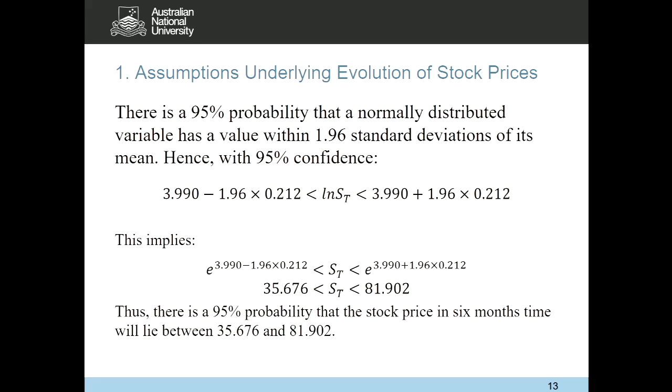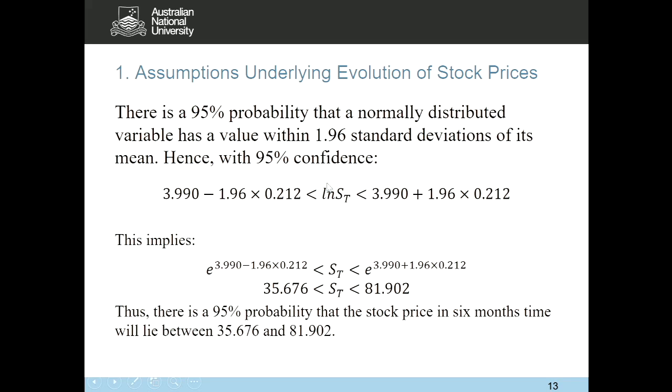Now, once we have the mean, we have the standard deviation, we can calculate the 95% confidence interval. All right? Okay, so remember what I mentioned before? With the normal distribution, we proved that when we take the log on the share price, we're going to end up with a normal distribution. Now, with the normal distribution, 95% of the area underneath the curve lies within 1.96 standard deviations of its mean, right?